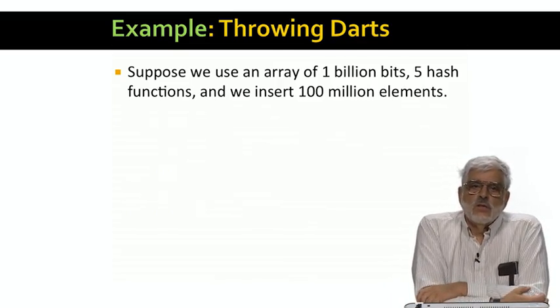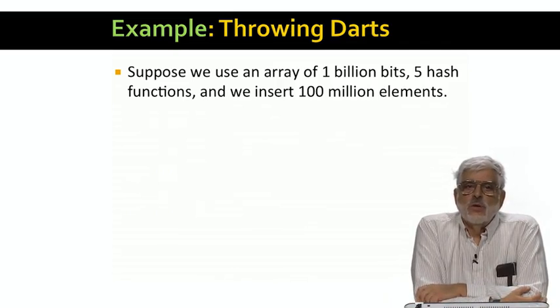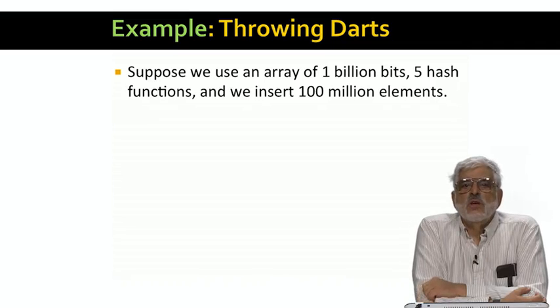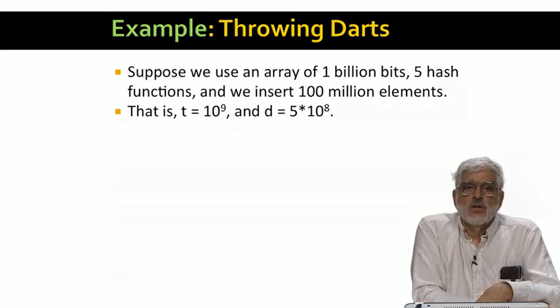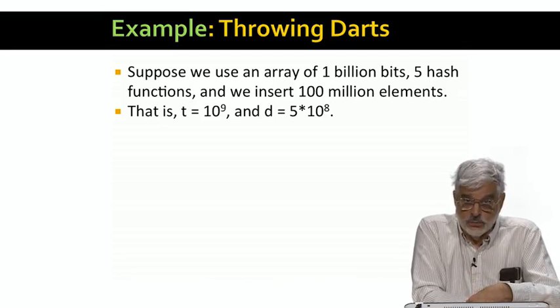For example, let's use a Bloom filter consisting of 1 billion bits, and let's use 5 hash functions. Suppose we insert 100 million elements. And then we do half a billion hashes, so we might set to 1 as many as half the bits in the array. In terms of darts and targets, t is 1 billion targets and d is 500 million darts, or half of t.